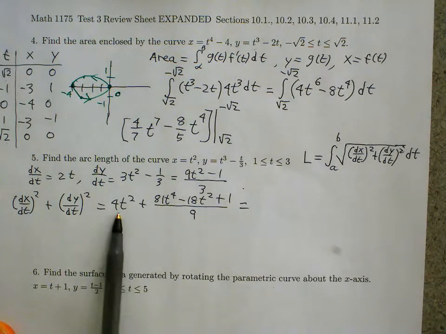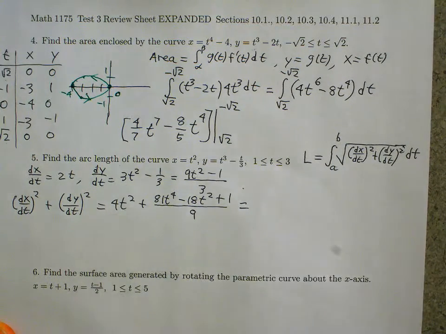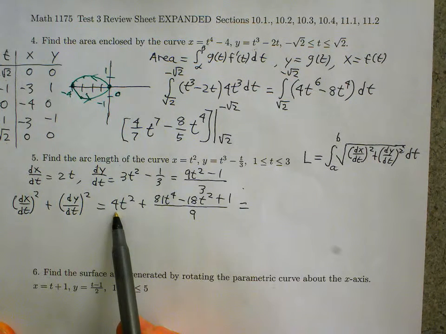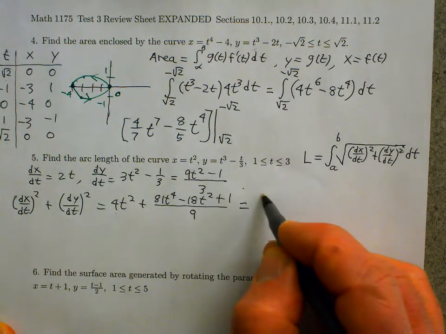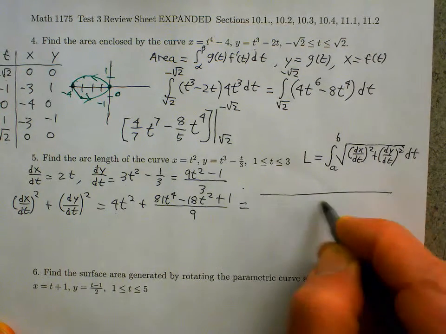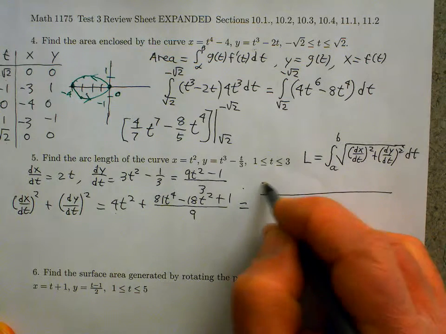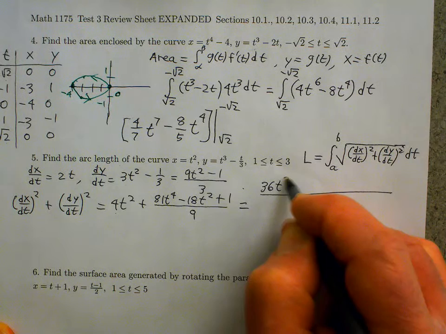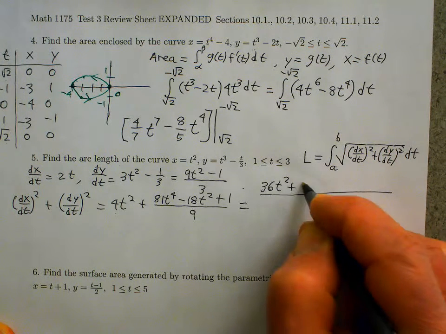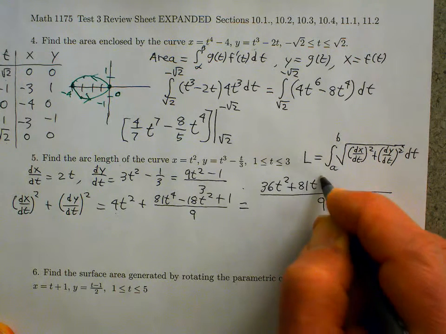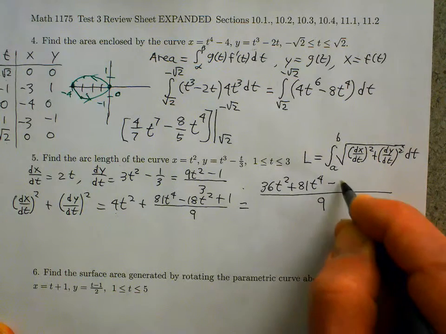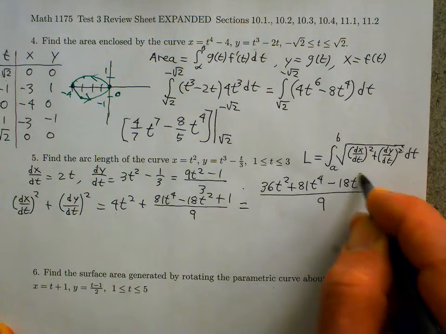And then a common denominator is 9, so 4t to the second will become 36t to the second over 9, and we'll put it all in the same rational expression. So 36t to the second plus 81t to the fourth minus 18t to the second plus 1.